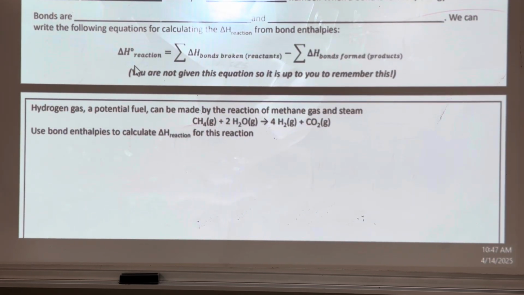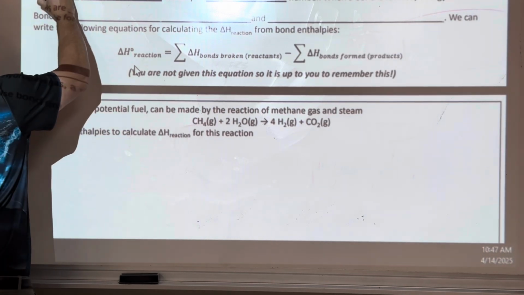Bond enthalpy is the energy to break a bond. Based upon breaking a bond being an endothermic reaction, if you have an endothermic reaction, the bond enthalpy is going to be positive.